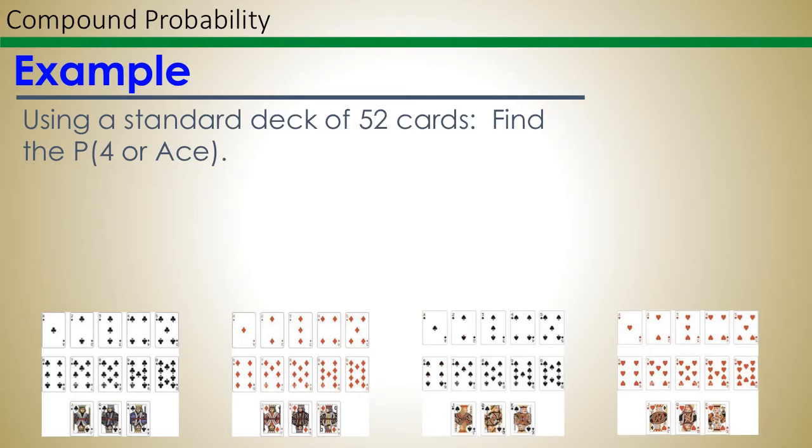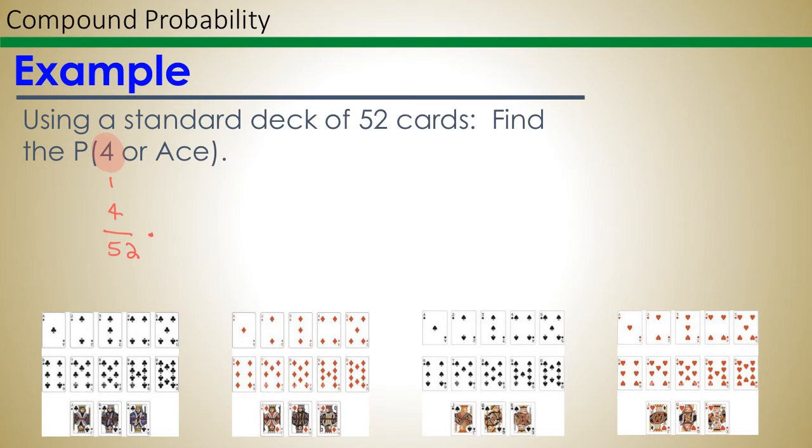So here's an example of mutually exclusive events. Using the standard deck of 52 cards, find the probability of getting either a 4 or an ace. Starting with the probability of a 4, there are 4 fours in this deck of cards, so the probability is 4 over 52.